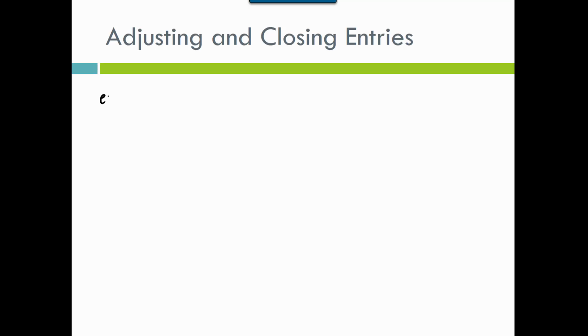Even with a perpetual inventory system, and we talked about the difference between the two, you still have to do a physical count from time to time, probably once a year.